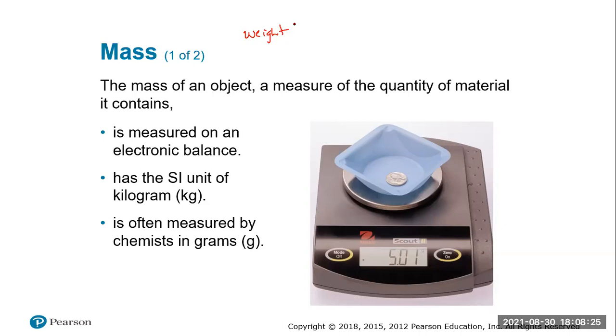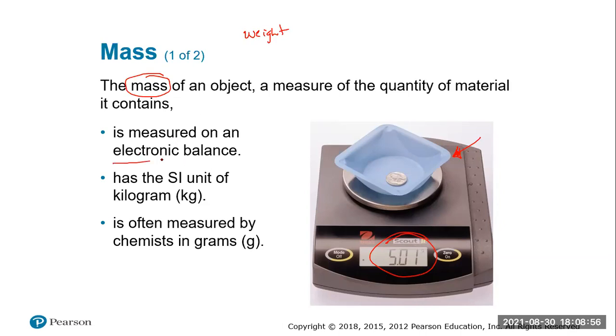So as we do a process when we weigh something, which sometimes confuses people, we do refer to this number that we get as the mass of the object. So in chemistry, you should refer to it as the mass of the object. Mass is independent of gravity. So the mass of the object here and the mass of the object on the moon would be the same. The weight of the object here and the weight of the object on the moon would be different because there's a different force of gravity.